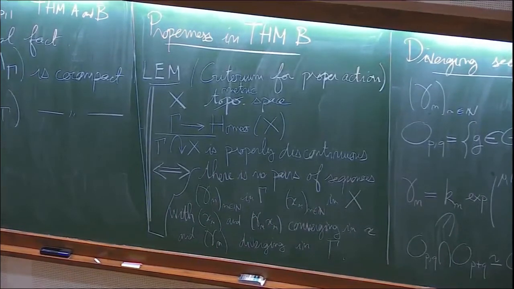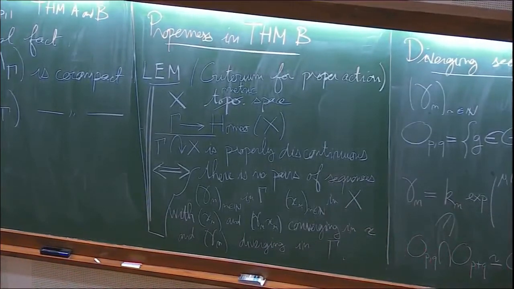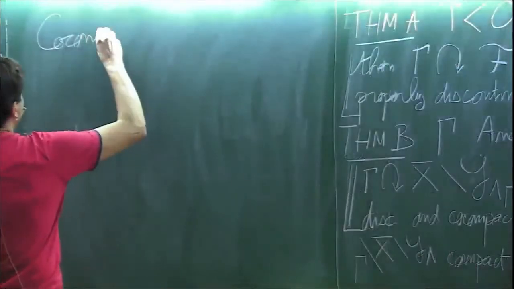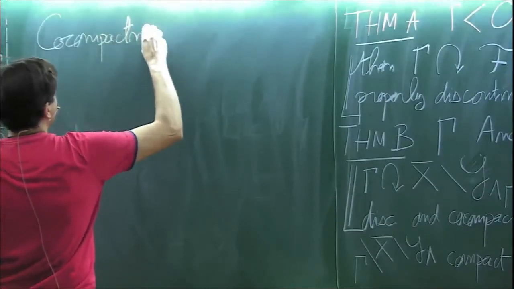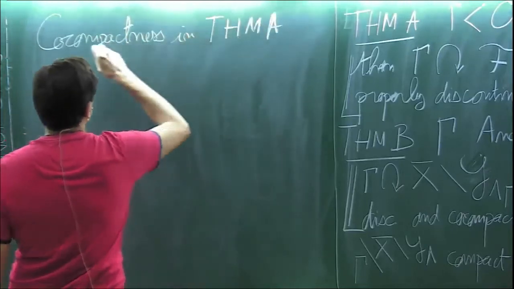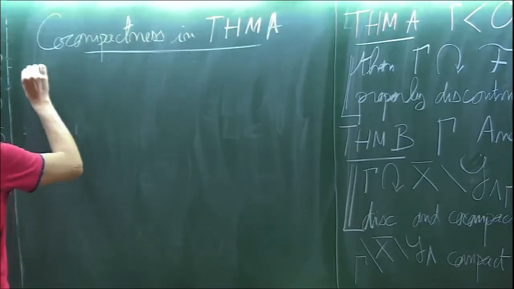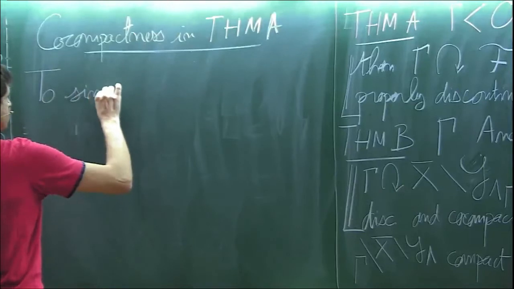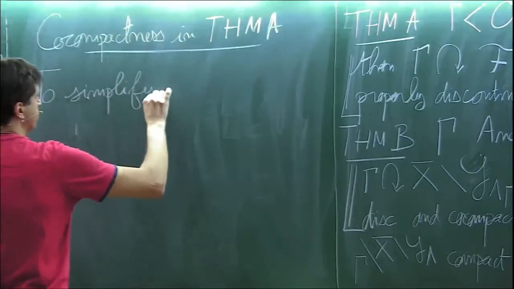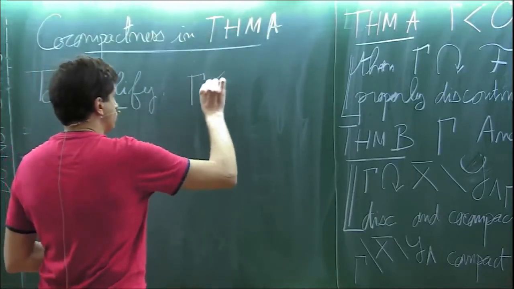Okay, so now co-compactness. So to simplify the exposition, I will assume that my group gamma is simple from a cohomological point of view, but also from a geometrical point of view.